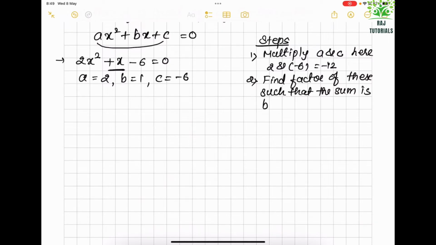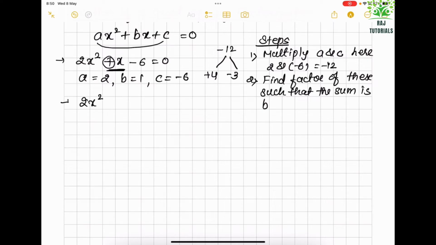Here, if I take minus 12, the factors will be 4 and 3, and as there is a plus sign, the bigger number should be plus and the smaller number should be minus. Then only the product will be minus 12 and the sum will be plus 1.